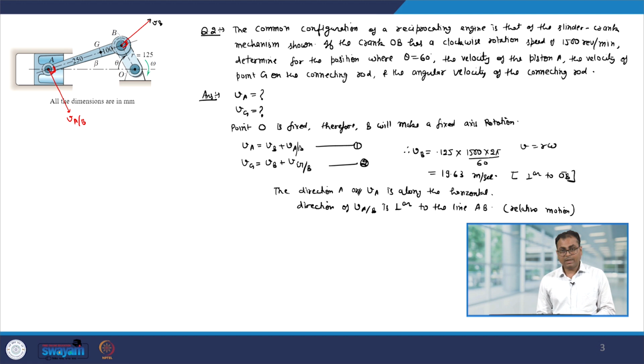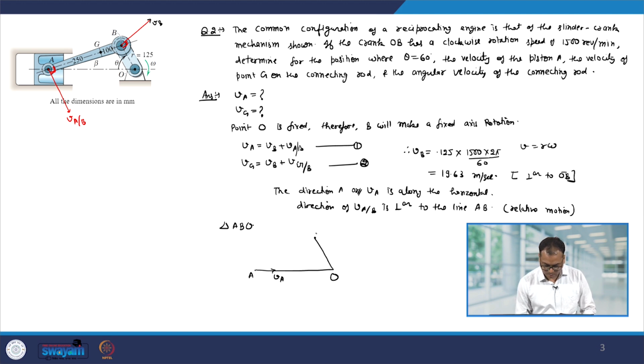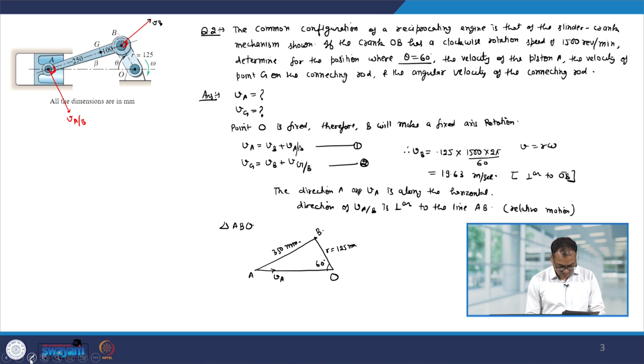Okay. Now, let us look at the triangle ABO. So, we have the point A, and we have this point O, and then we have point B. It is given that this length is 350 mm, this angle is 60 degree, and the R is 125 mm. Note that the velocity will be perpendicular to OB.